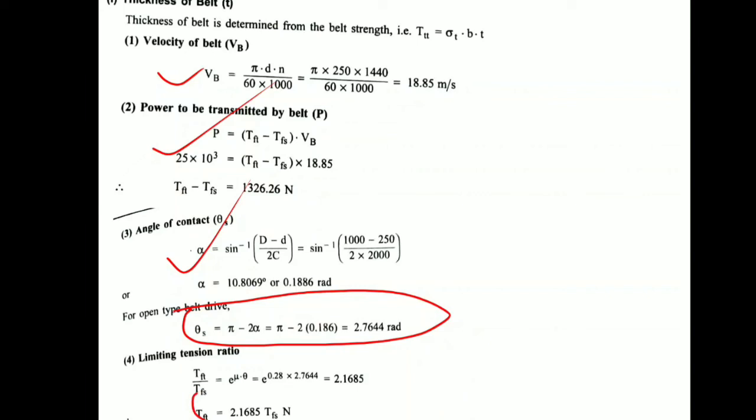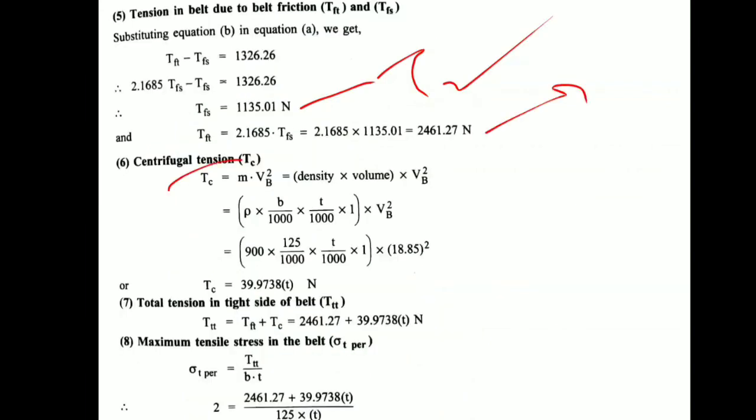Once we got the value of T1 and T2, we'll move toward the centrifugal tension Tc. So Tc is nothing but density into volume. This is important while writing the centrifugal tension, mass is nothing but density into volume, that is rho b into T divided by 10 raised to 6 into velocity square. So by putting this value, centrifugal tension we will get in terms of the thickness. So we know the total tension is equal to T1 plus Tc.